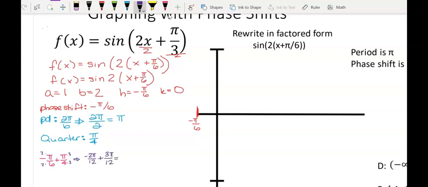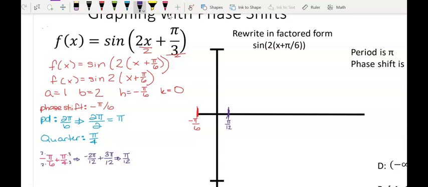And now I can clearly see that when I add those together, that gets me pi over 12. So my first point is just to the right of the y-axis. And if you notice here, negative pi over 6 is a bigger fraction. Taking something and dividing it into 6 pieces gets me a bigger piece than dividing it into 12 pieces. So I put the pi over 12 closer to the y-axis.